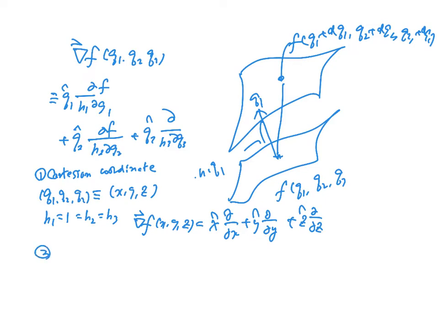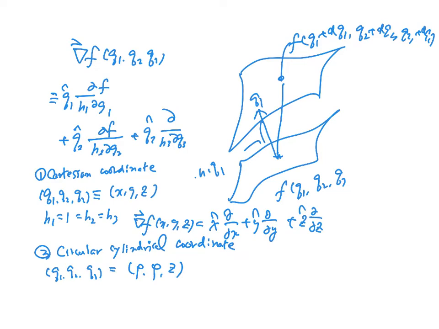Circular cylindrical coordinate. Q1, Q2, Q3 is rho, phi, z, right? Probably you have forgotten what you learned last week, but you can check my notes. So H1 is still 1, H2 is rho, H3 is 1.